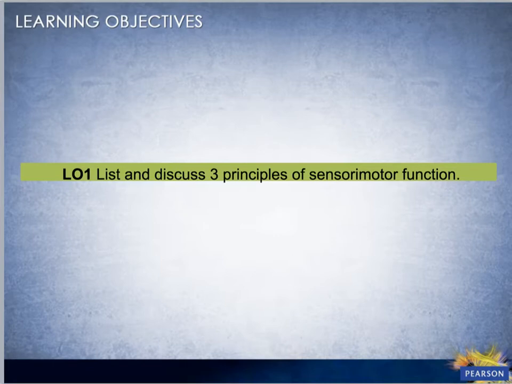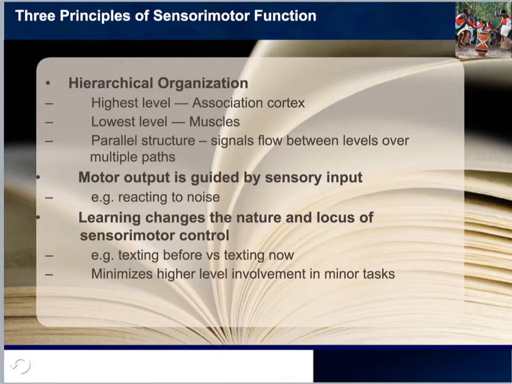Please note that the understanding of the hierarchical organization from previous chapters would be helpful in understanding the response from the top down. That is to say, from the brain to our muscles. You may remember the example used in chapter 7 about the hierarchical organization. Looking at the highest level, which would be the equivalent of the CEO of a company, we're talking about the association cortex.